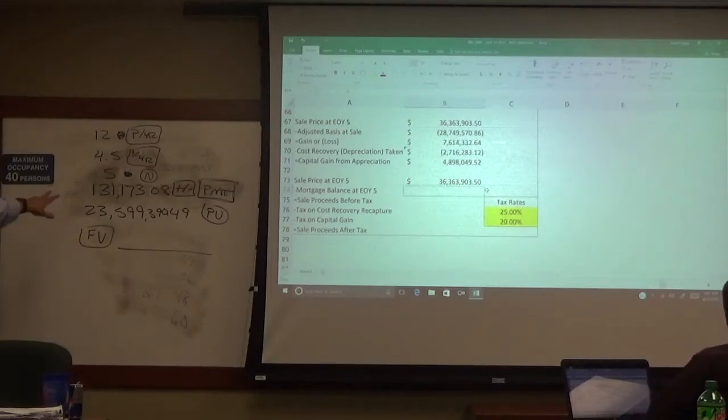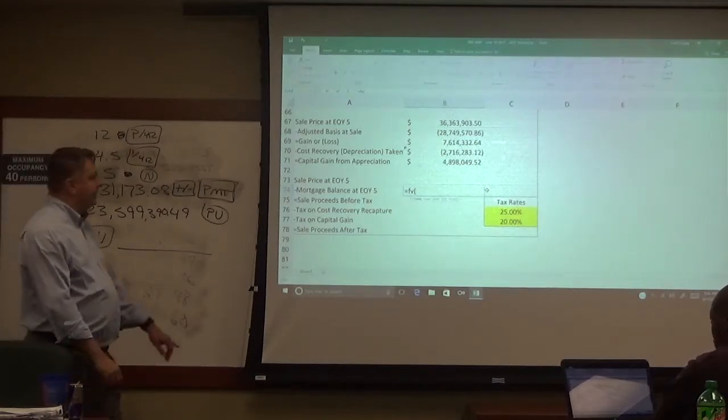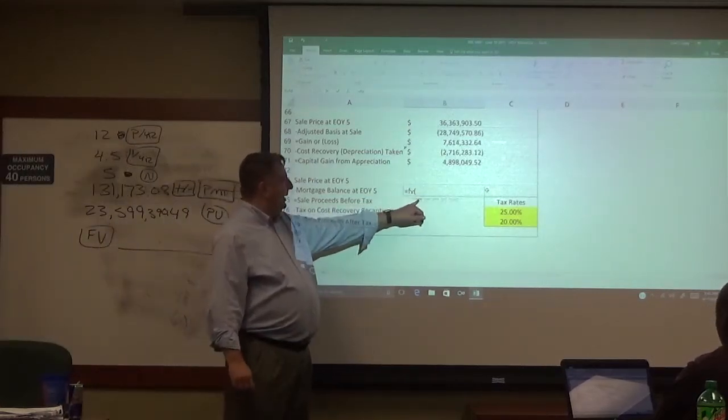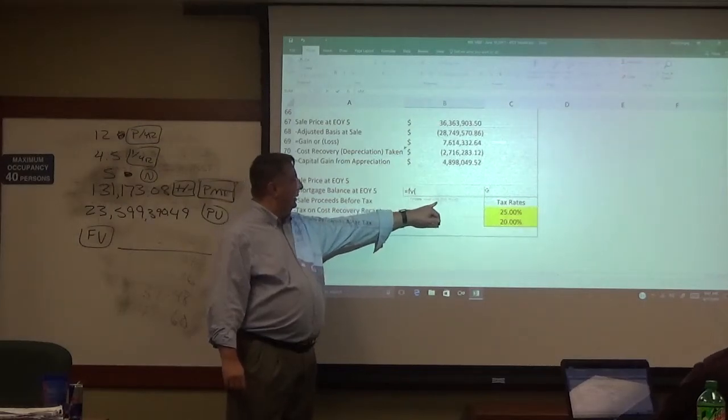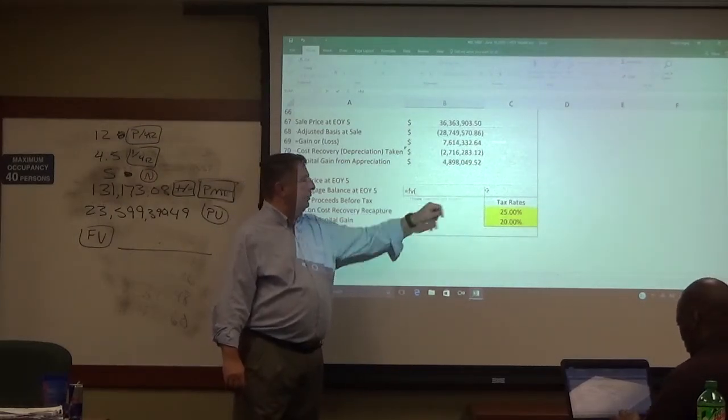Now you don't actually put this in your calculator, but if you want to, you can, because it'll show you what the answer is. Okay. Now, to do this same exact problem in Excel, we're going to use future value in Excel. So in this particular cell, you're going to type equal future value, open parentheses, rate, number of periods, payment, present value, and type.